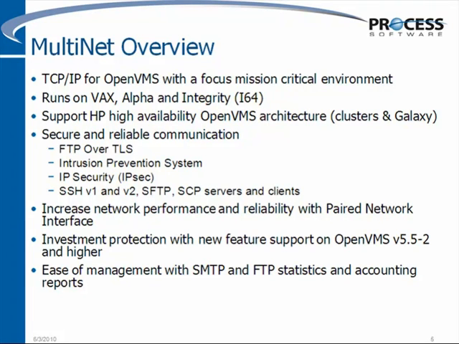We provide increased network performance by allowing paired network interfaces, which allows multiple Ethernet interfaces to act as one, sharing the load and failing over if one should fail. We support our software all the way back to OpenVMS 5.5-2, so that customers that are not able to upgrade to the latest version of VMS can have new features by running Multinet or TCPware. And we provide some SMTP and FTP management and counting statistics.